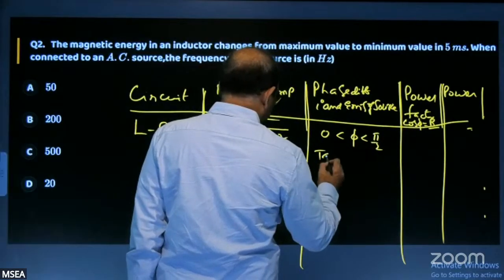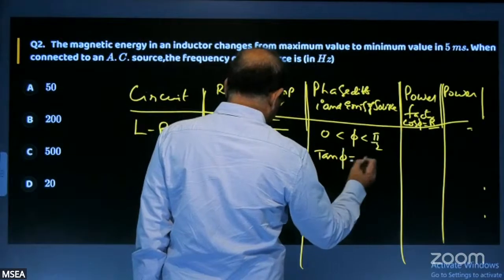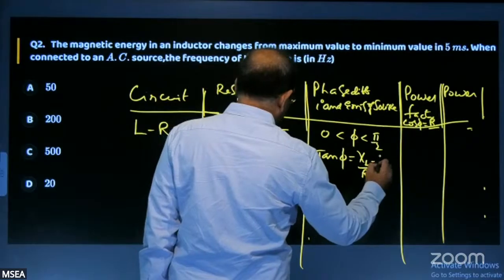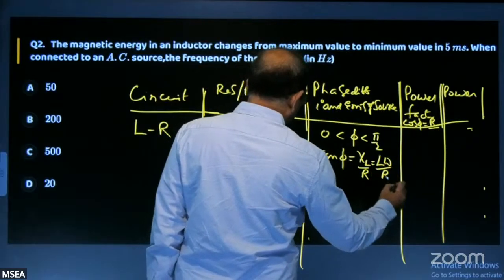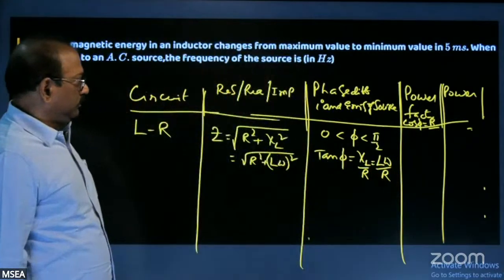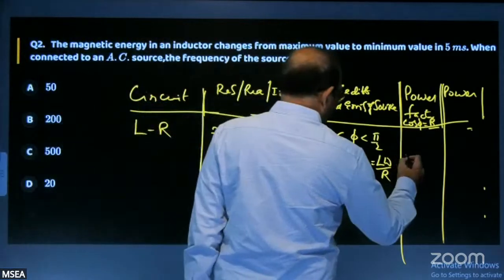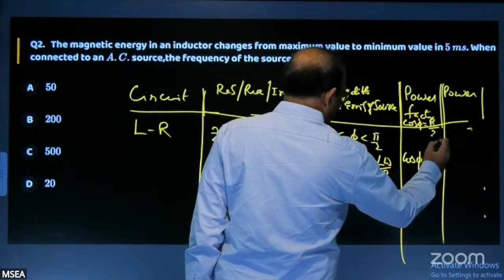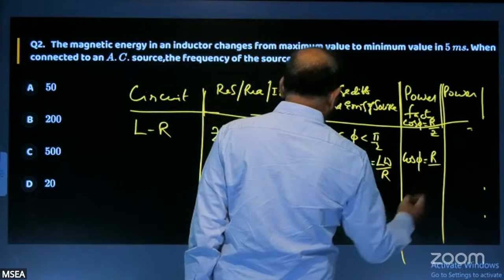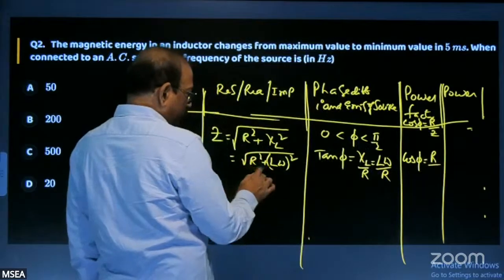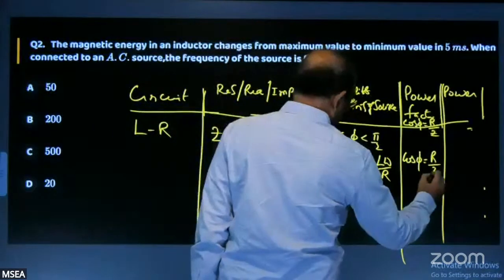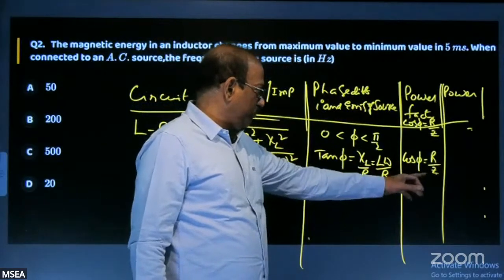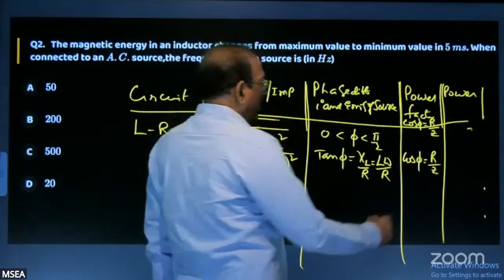To find it, tan phi is XL by R, L omega by R. Power factor cos phi is R by Z, where Z is root R square plus L omega whole square.